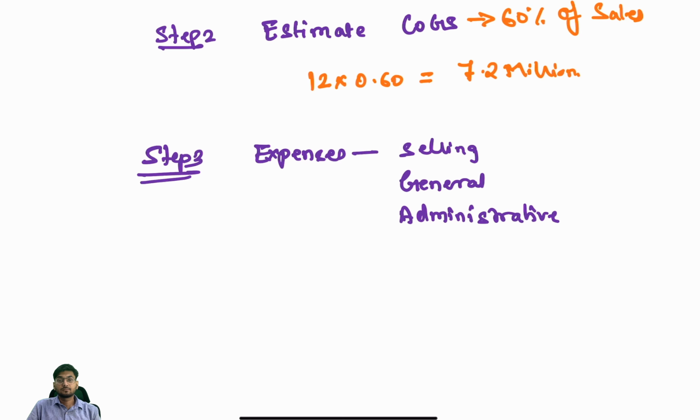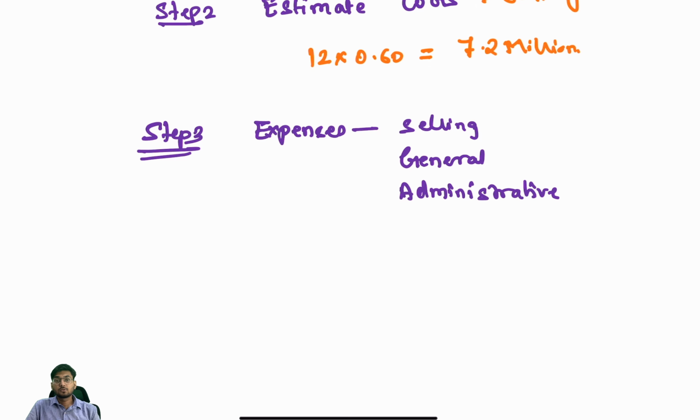Clear? Now in order to get the additional sales, you need to make more expenses. Means you have increased your sales by how much? $2 million. Now for that you have spent 20% extra.